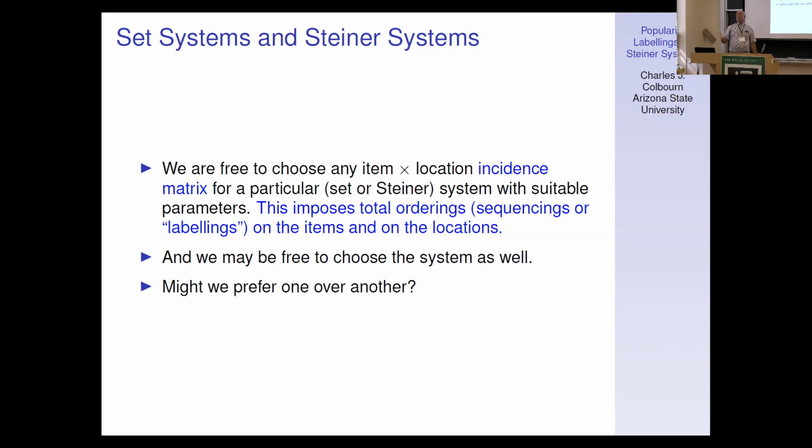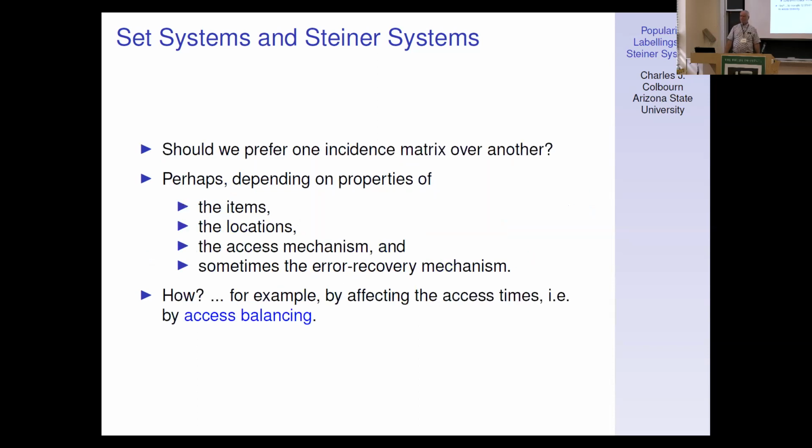And then the question is, well, why didn't I say that at the beginning? Is there any reason I might prefer one incidence matrix over another incidence matrix? It turns out that there are some very good reasons for that. It could be that not all of the items are homogeneous. It could be that not all of the storage locations have the same access rate, for example.